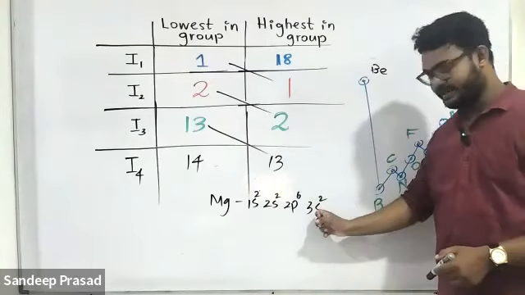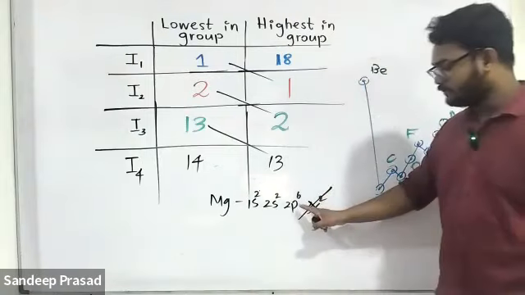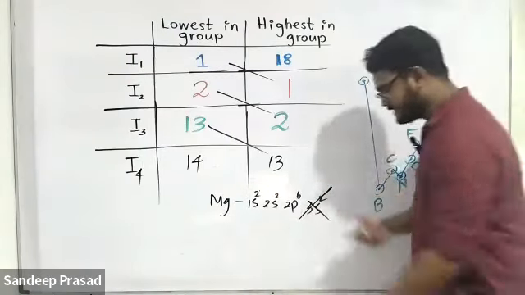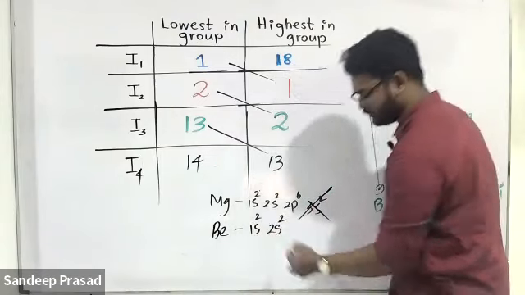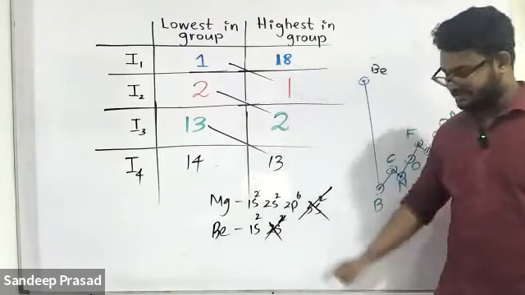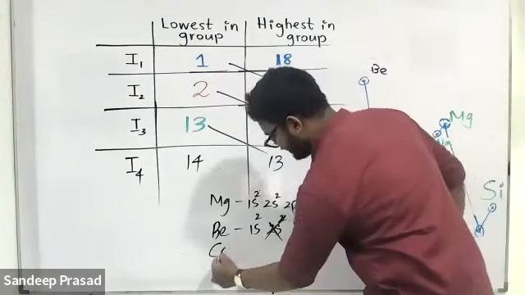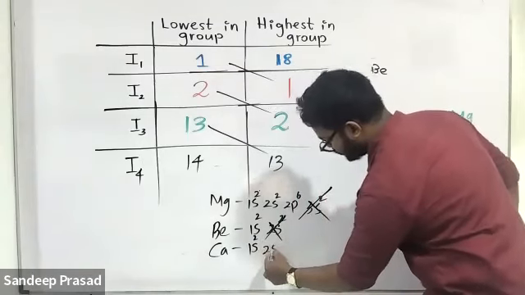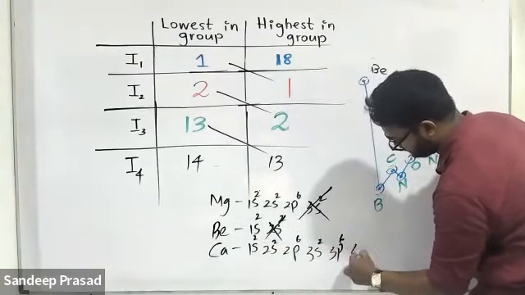After removing these two electrons, it's very difficult to remove an electron from here. In the same way, beryllium is 1s2, 2s2. After removing these two electrons, it's very difficult to remove an electron from here. The same for calcium: 1s2, 2s2, 2p6, 3s2, 3p6, 4s2.